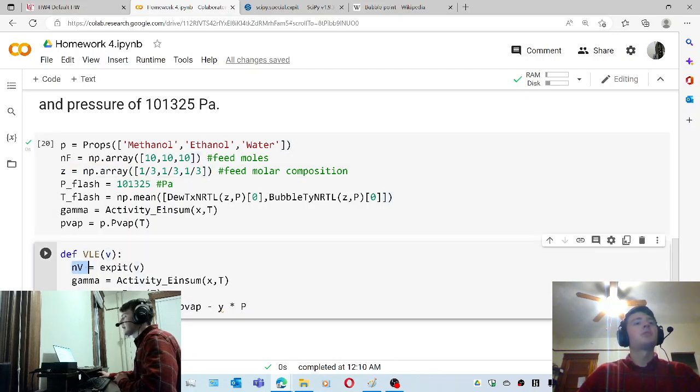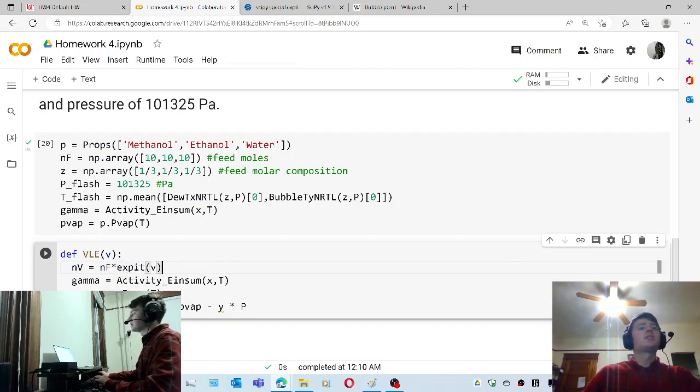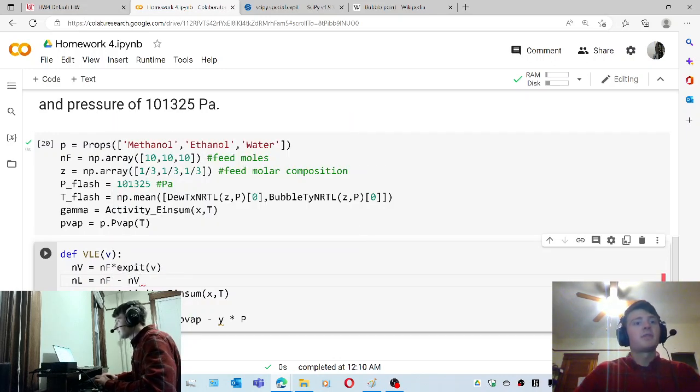Yeah, we'll start with the vapor phase. So the number of moles in the vapor phase is just going to be the number of moles in the feed times the fraction that goes into the vapor phase. And then likewise, the number of moles going to the liquid phase is just going to be the number of moles in the feed minus the number of moles in the vapor phase.